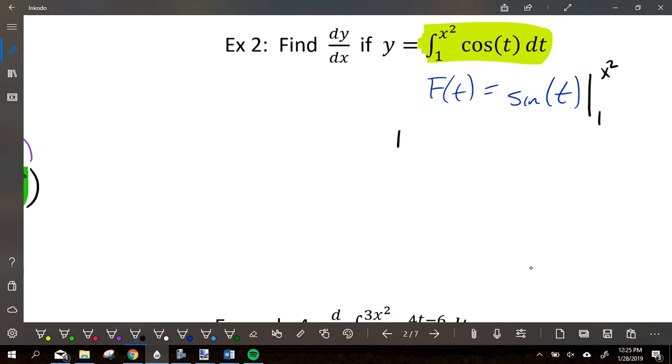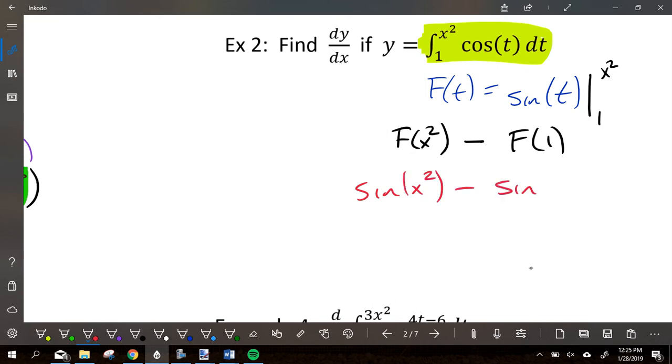So to evaluate that thing, I'm finding capital F of x squared minus capital F of 1. I'm going to plug in upper bound minus lower bound. So let's plug it in. X squared, so it's going to be sine of x squared minus sine of 1. That is the definite integral. Starting at 1 and going to x squared, this is what you get.